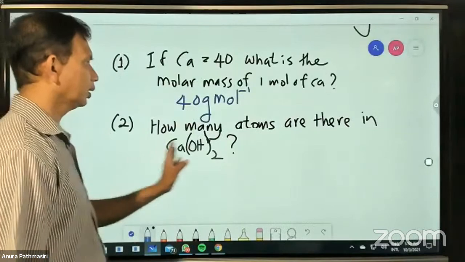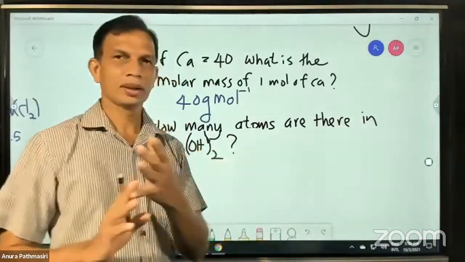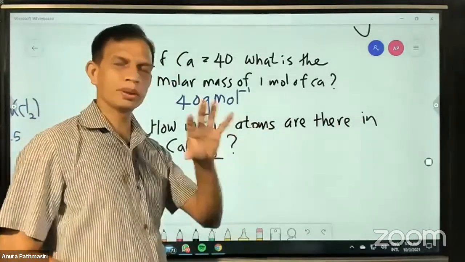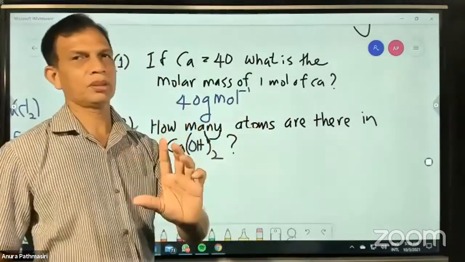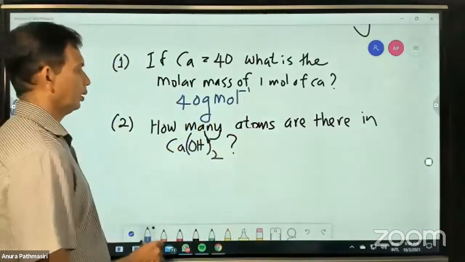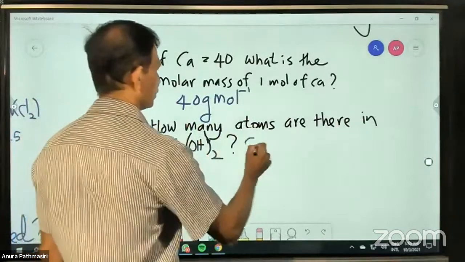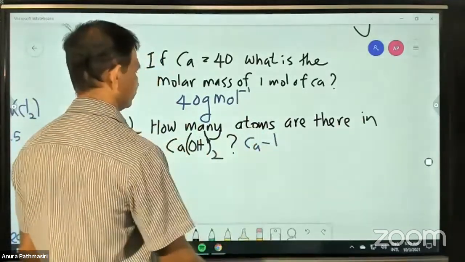There's no indication that I'm talking about 1 mole. If it were 1 mole, a mass or number of moles should be given. So what you have to consider is this molecule: Ca, 1 atom.